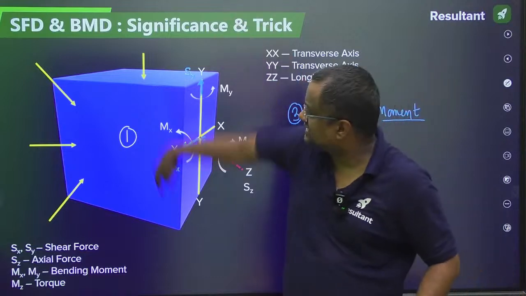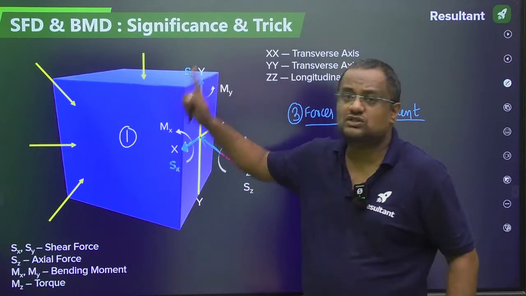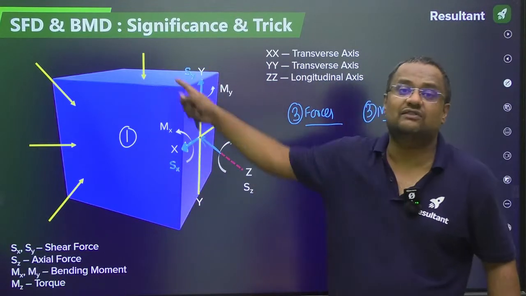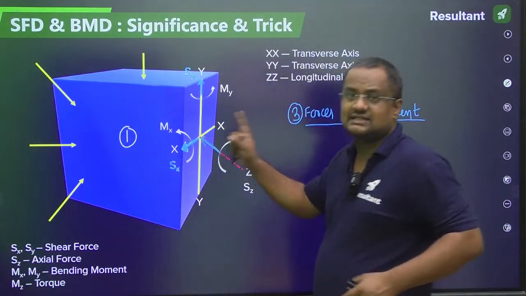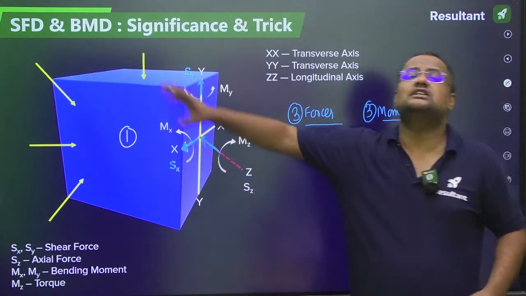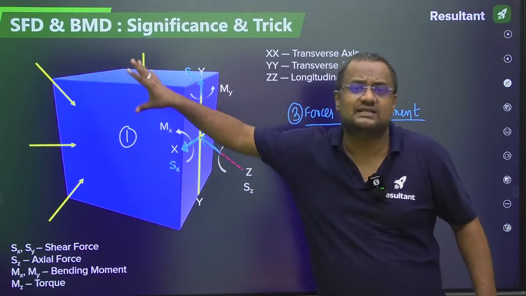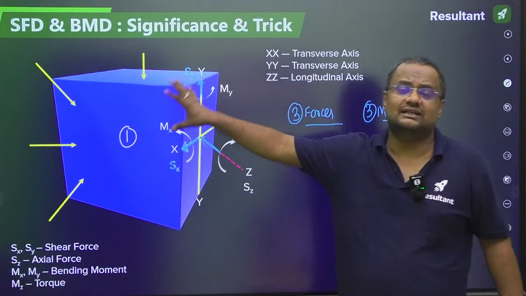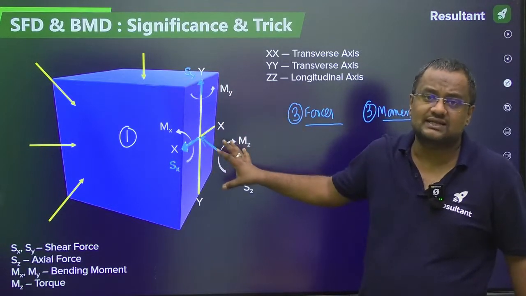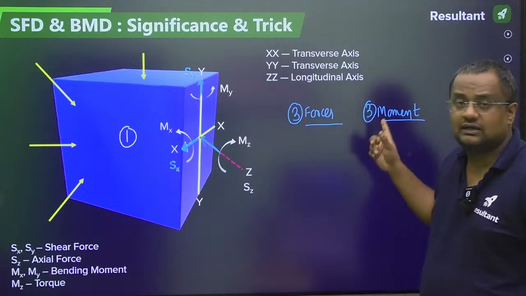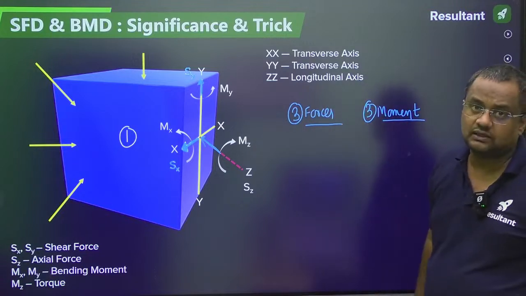Whatever force in the y direction, in the opposite direction Sy should be coming, so that this whole part is in equilibrium. Whatever force in the z direction, opposite Sz should be coming. Similarly, for all the moments about x, y and z, in the opposite direction the moment should be coming.